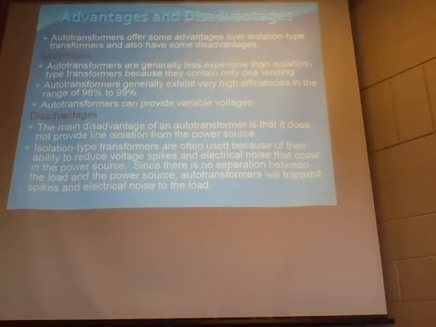The main disadvantage of an auto transformer is that it does not provide line isolation from the power source. Isolation type transformers are often used because of their ability to reduce voltage spikes and electrical noise that occur in the power source. Since there's no separation between the load and the power source, auto transformers will transmit spikes of electrical noise to the load.